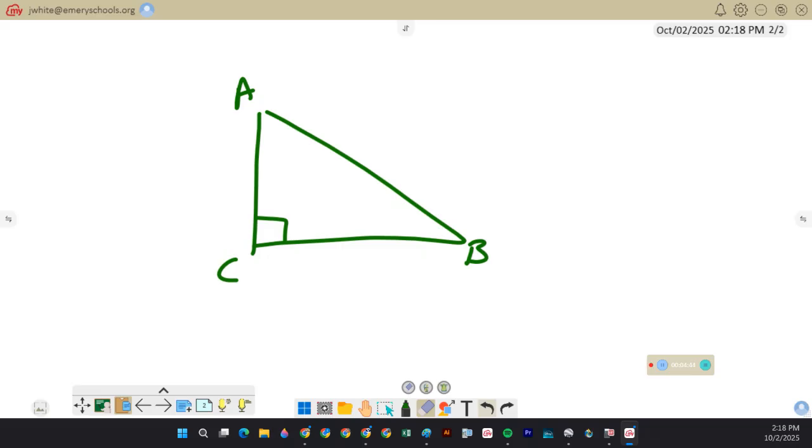In a right triangle, we have 2 types of sides. One you already know. So this is called the hypotenuse. Does anybody know what the other two sides are called?